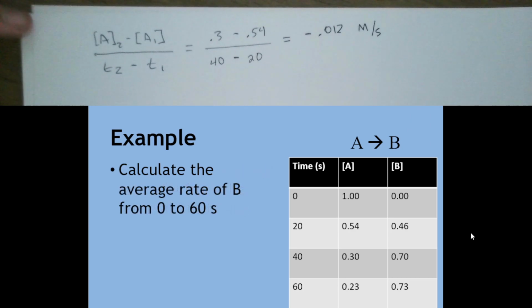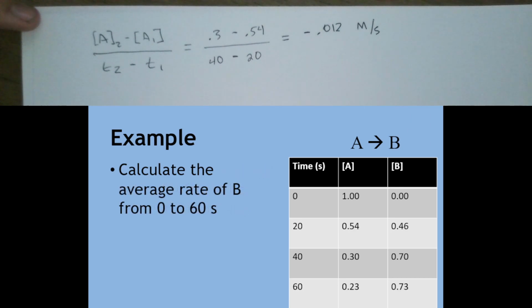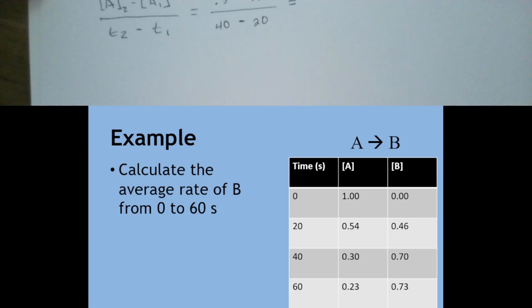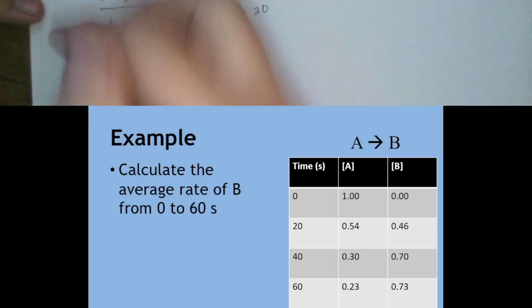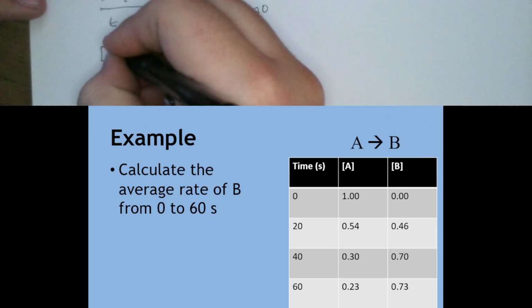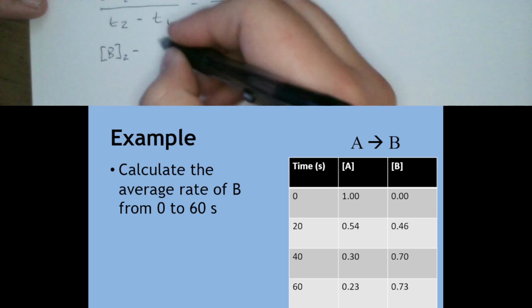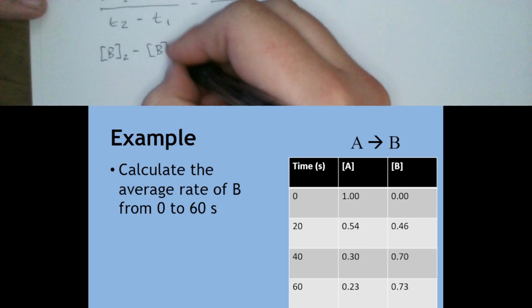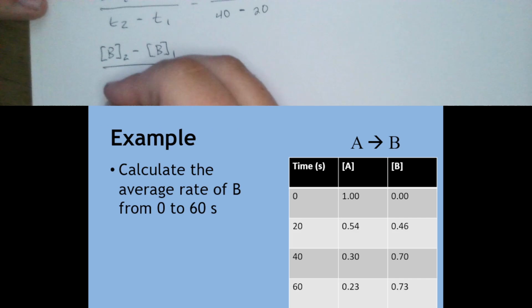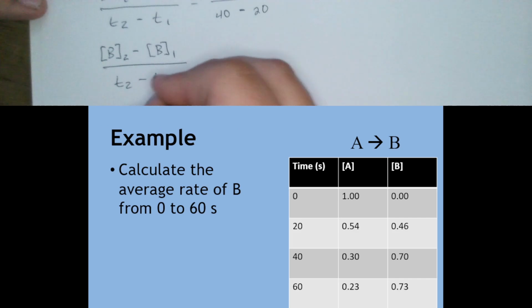We're going to do the same thing for the rate of B over a different interval, from 0 to 60 seconds. So I'm going to go from the very beginning to the very end. Very similar to what we did here: B at time 2 minus B at time 1, divided by time 2 minus time 1.